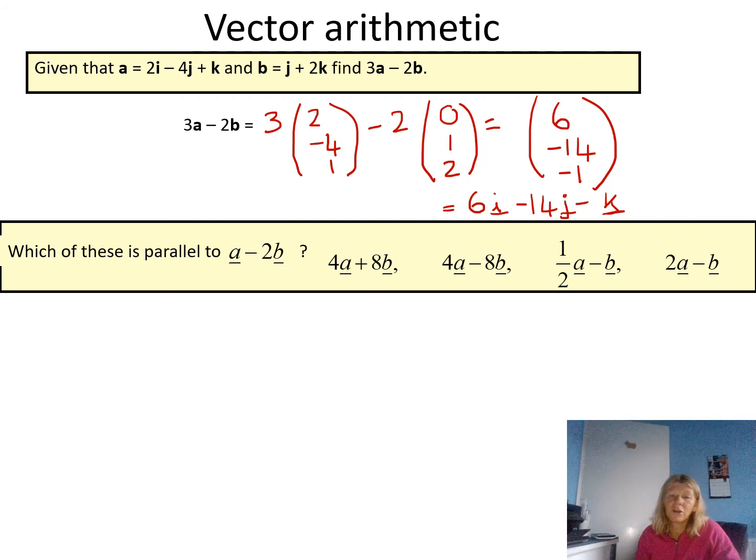Second question, which of these is parallel to a minus 2b? Not going to work anything out now, we just look for a multiple. So what's a multiple of a minus 2b? First one isn't, is it? Second one, what do we think about that one? We can see if you divide by 4, you get a minus 2b. How about the next one? Could that be true?